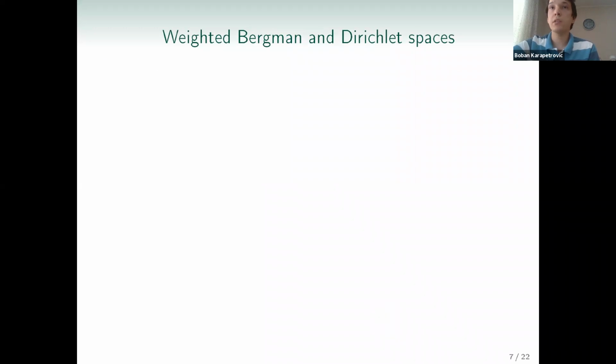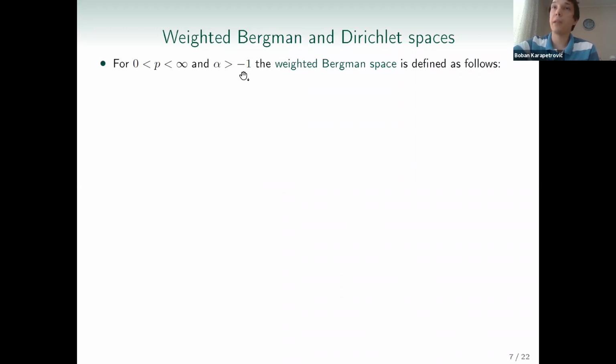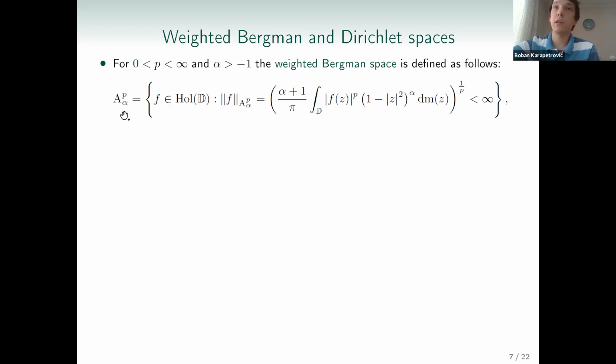Weighted Bergman space: p is strictly between 0 and infinity, alpha greater than -1. We use this notation A^p_alpha for the weighted Bergman space. And of course, that is the space of all holomorphic functions for which this L^p norm is finite. We have this weight (1 minus the square of the modulus of z) to the alpha, and we have this normalization (alpha plus 1) over p.